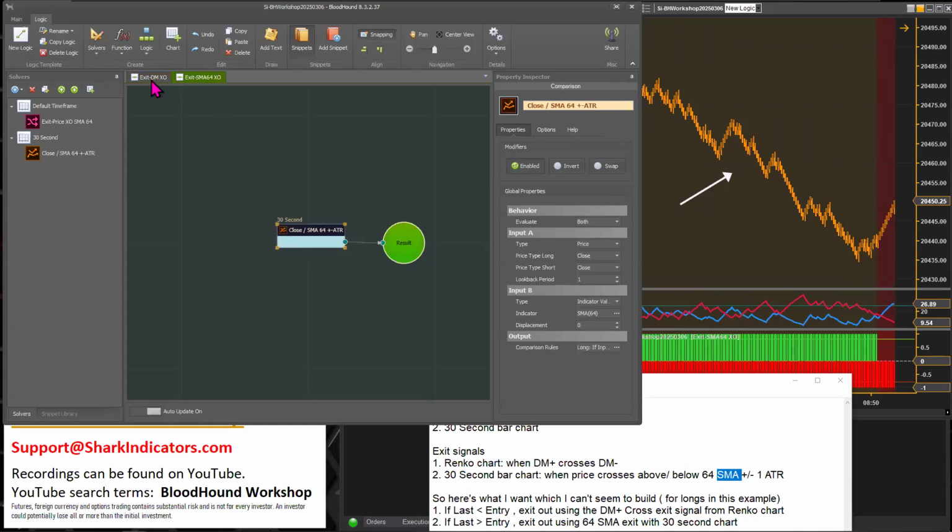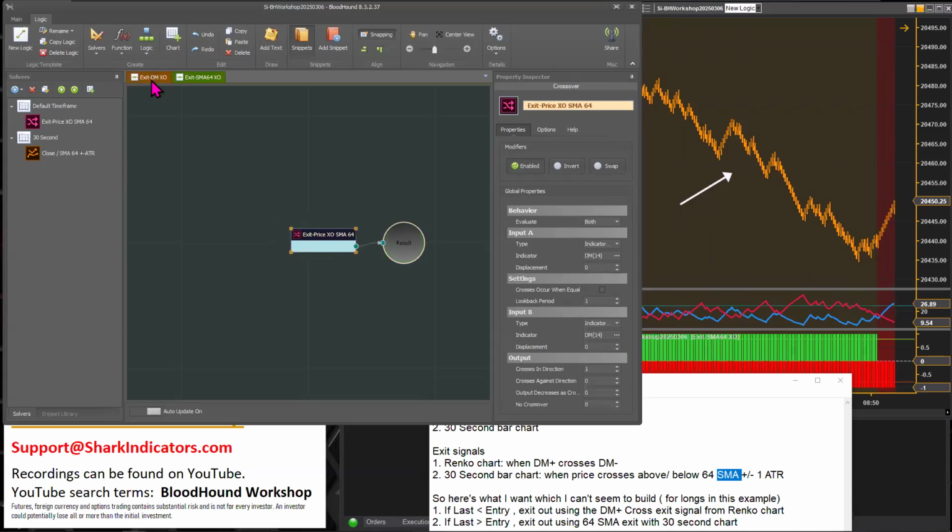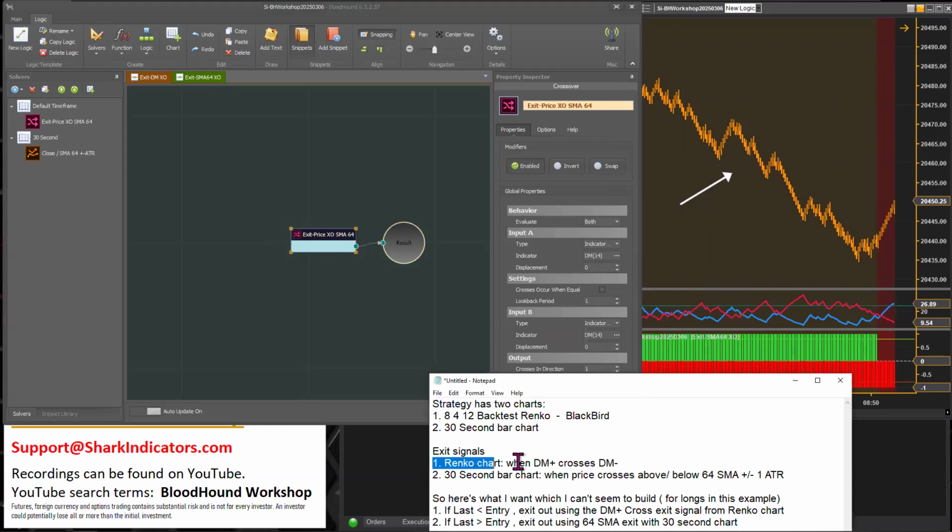So we have the exit DM crossover, that's exit signal number one, or condition number one.